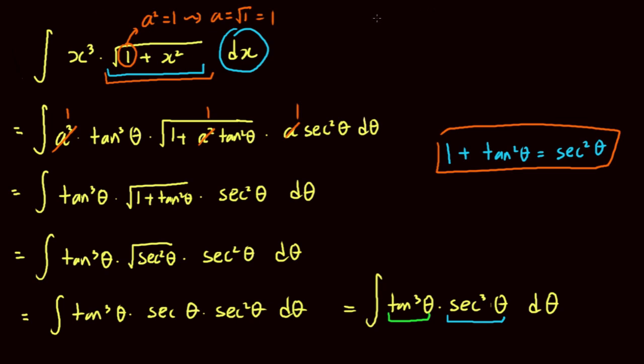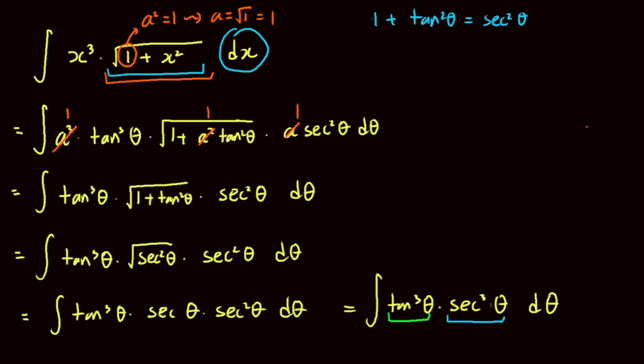So we know that 1 plus tan squared theta equals sec squared theta.